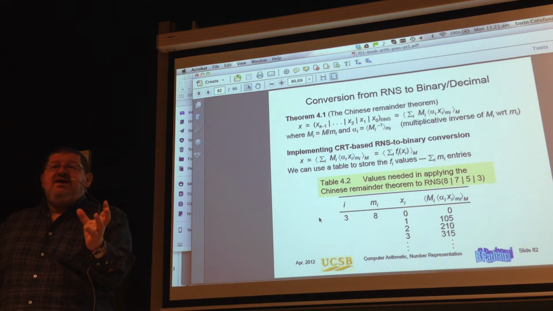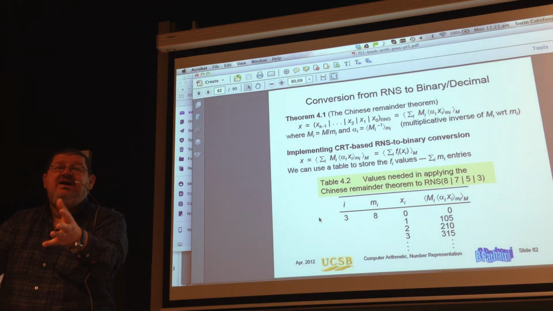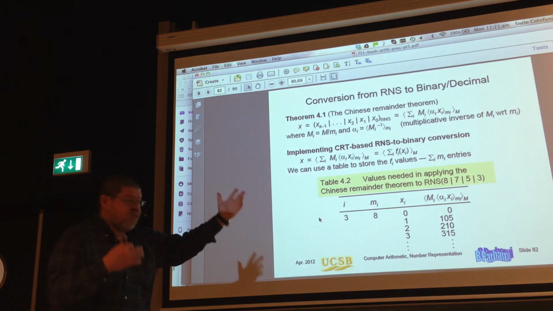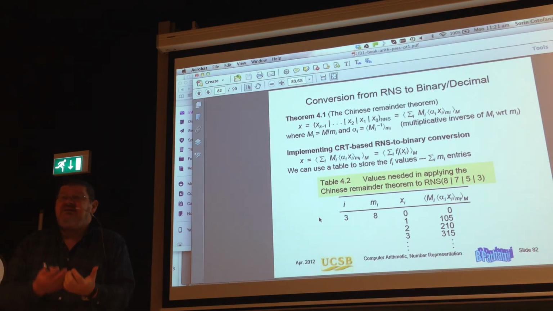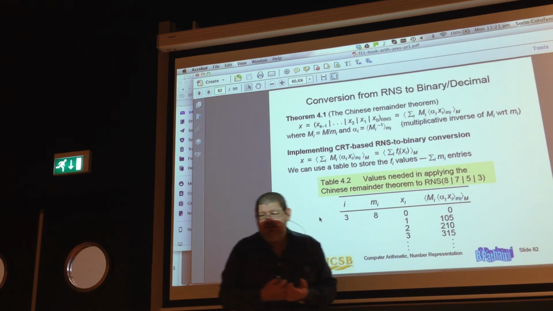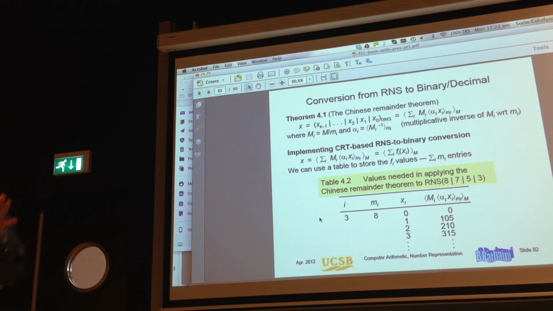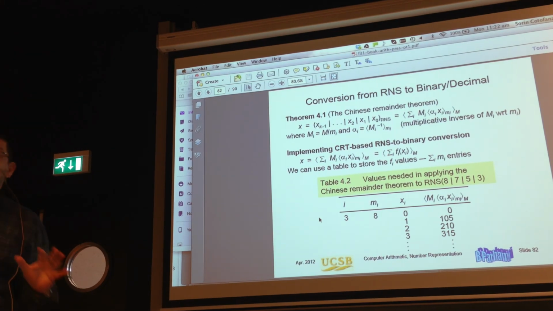Then practically, if I have 4 channels, I have to do 4 lookups, get those golden numbers, add them, and do the modulo M calculation. From the mathematical point of view, it may look ugly. From the computational point of view, it's kind of simple.